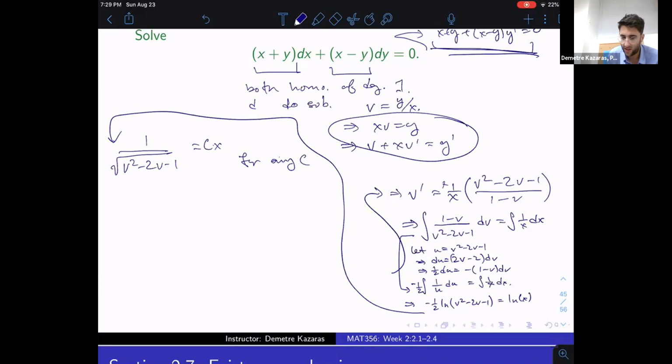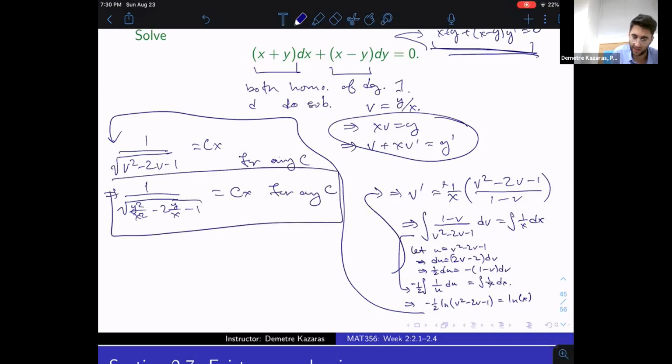And then let's write it in terms of y itself. Remember, v is y over x, so we have 1 over the square root of y squared over x squared minus 2y over x minus 1 is equal to cx for any constant c. All right, and let's end it there.